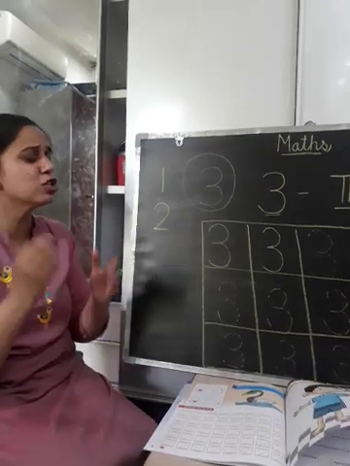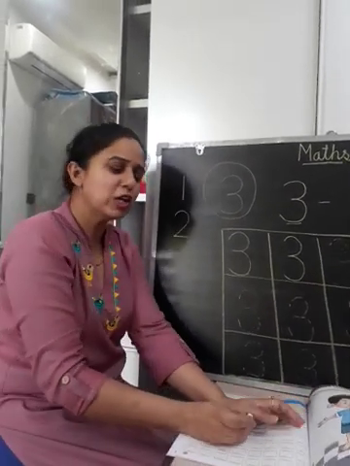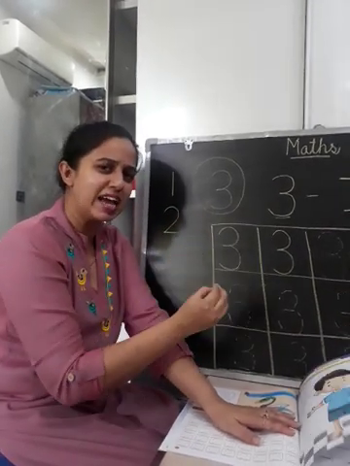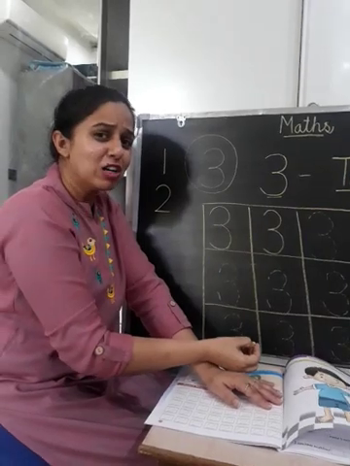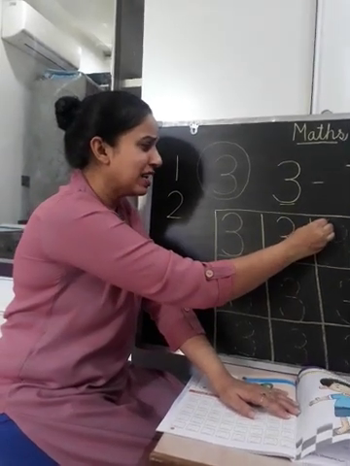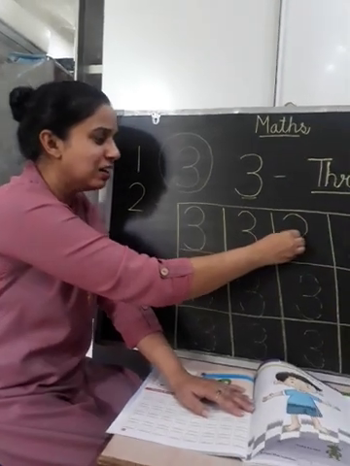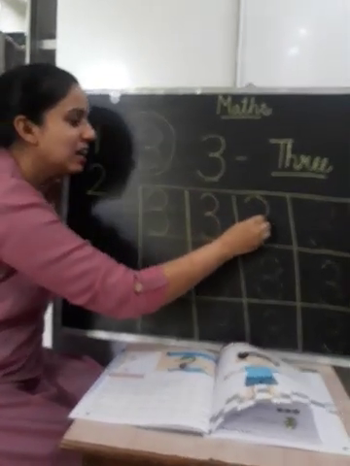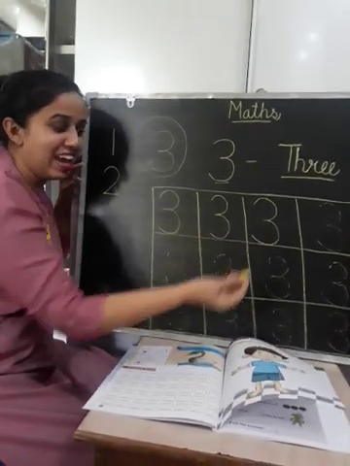See, it is so simple, babies. You just have to concentrate. Hold your pencil tightly and just trace the dots. It is too easy to do. From the first point, that is the first curve, then the second curve. Yay!